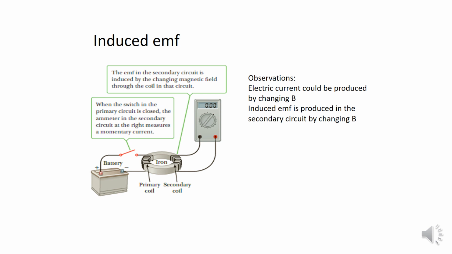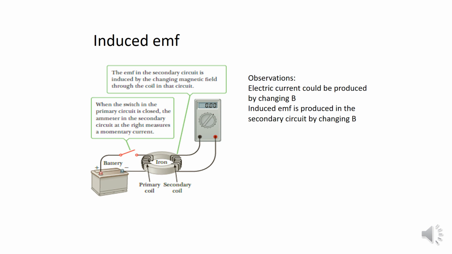Now when the switch at the primary circuit is closed, what happens? Current will pass through the primary coil. As we learned in the previous chapter, there will be a magnetic field produced at the primary coil.